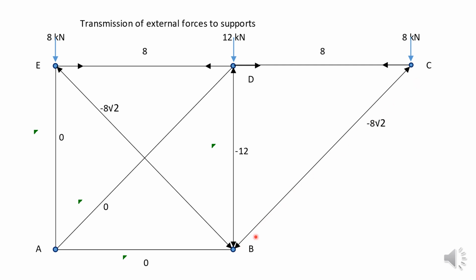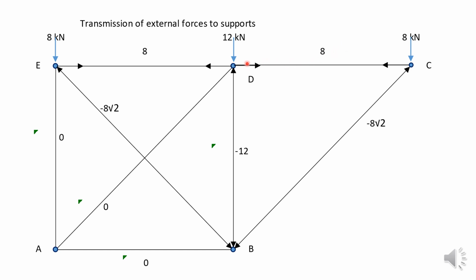So this member BC must be in compression also, at a value of negative 8 times root 2. So that will balance the vertical 8 kilonewtons. But for the horizontal equilibrium, this force of 8 kilonewtons in this direction must be balanced by a force of 8 kilonewtons horizontally at C. So DC will be in tension at a value of 8 kilonewtons.